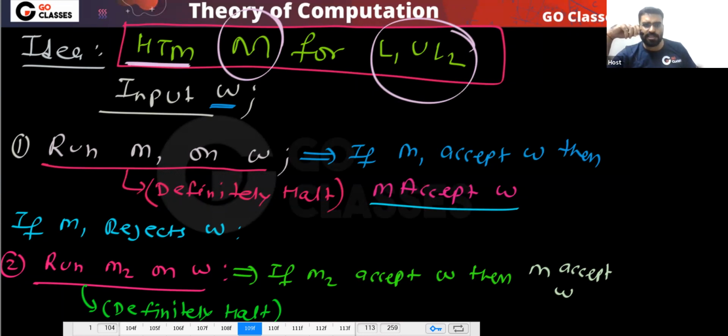So if M2 is accepting W, then also we will accept W. Else, finally, M will reject W. Yes or no? Is this clear to everyone? Please tell me. See, very simple.